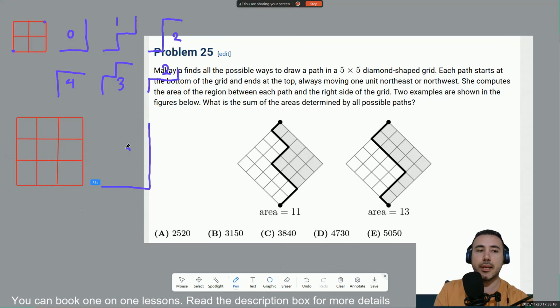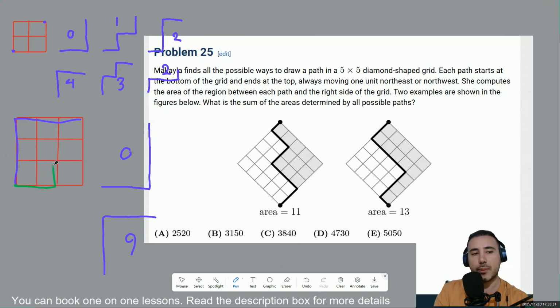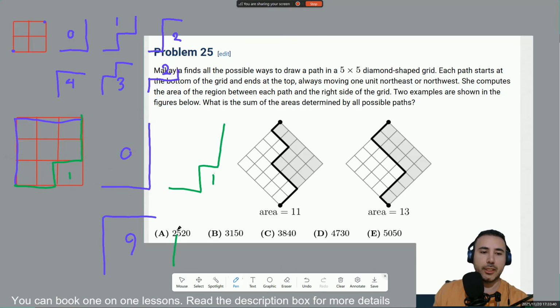This would be an area of 0, but there would be this one giving us area of everything, 9. So I'm going to clean it, so I will make a little mess here. So there would be this one giving us the area of 1. There would be another one looking like this. Like this. This is area of 8, right?